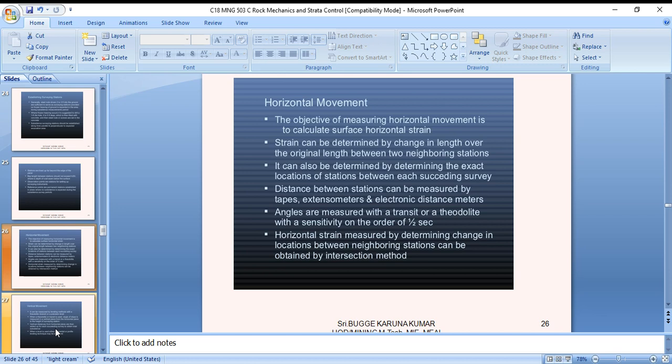The distance between the stations can be measured by tapes, extensometer, or electronic distance meters. Angles are measured with a transit or a theodolite with a sensitivity of the order of half a second. Horizontal strain measurement by determining changes in location between the neighboring stations can be obtained by intersection methods.